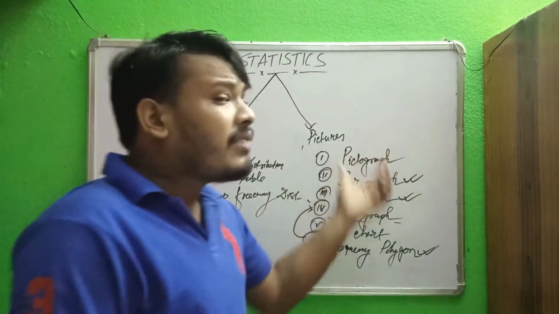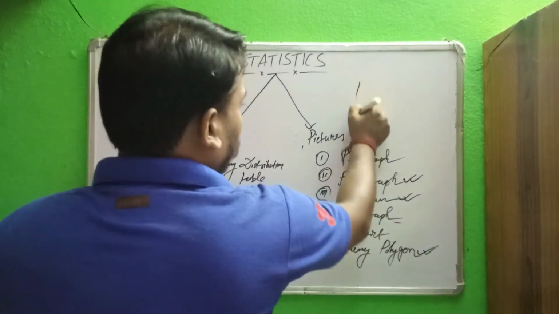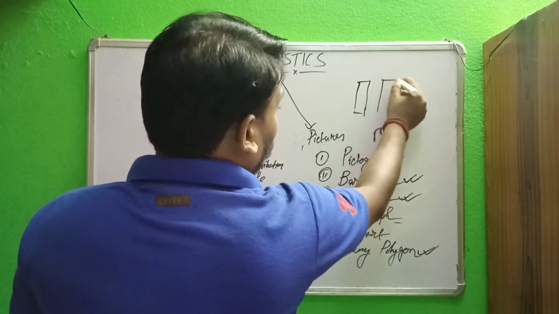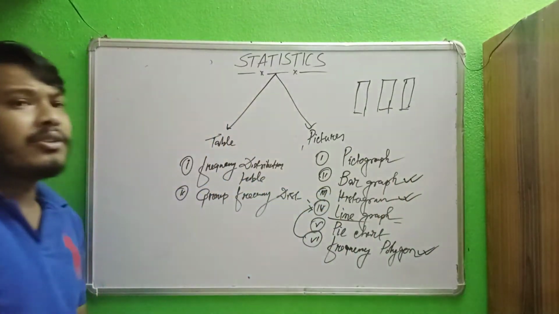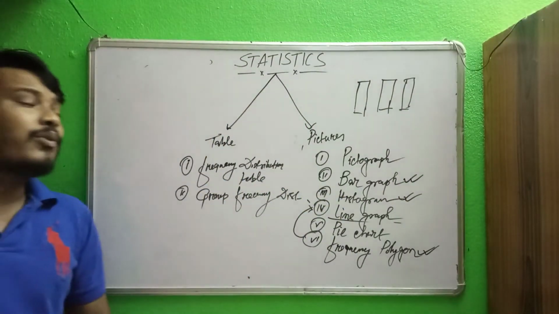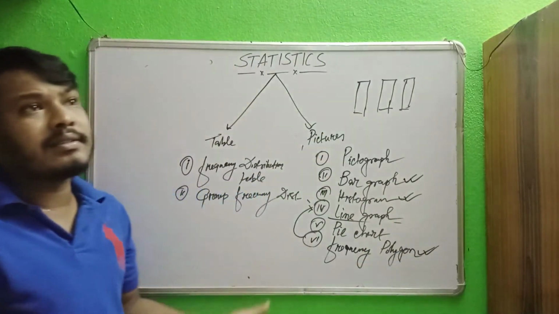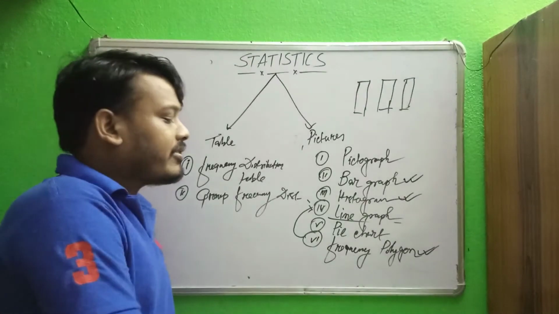Now in the previous class, what we did, the width of the bars were equal, that means uniform. Till now we have learned, when the widths of the bars are equal, how to draw a bar graph or histogram.